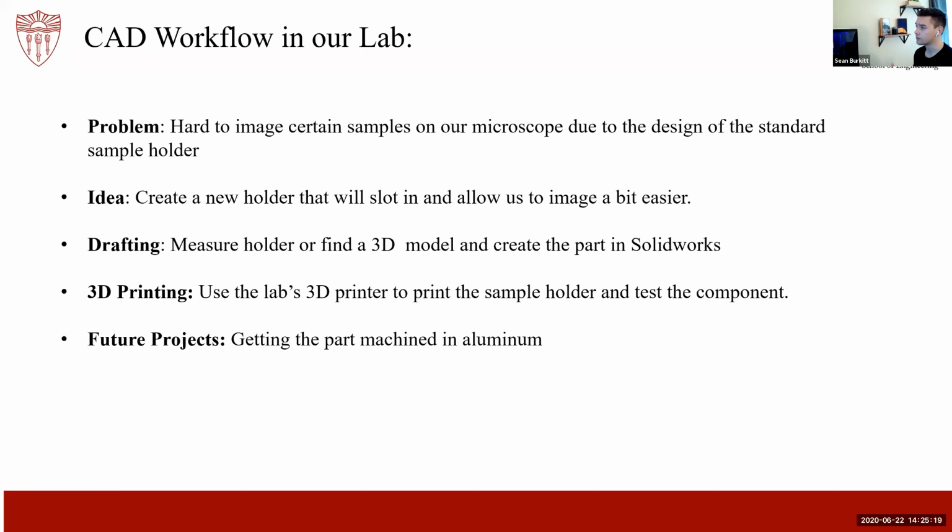They're very hard to image sometimes just because of how they're orientated on the actual sample holder. And we needed to create a new type of sample holder in order to be able to image them better and to make sure they're more comfortable in the imaging process. So our idea was, let's create a holder that'll slot into the existing sample holder on the microscope and allow us to image these mice a little bit better. So we went forward and I actually drafted up a little sample holder in SolidWorks.